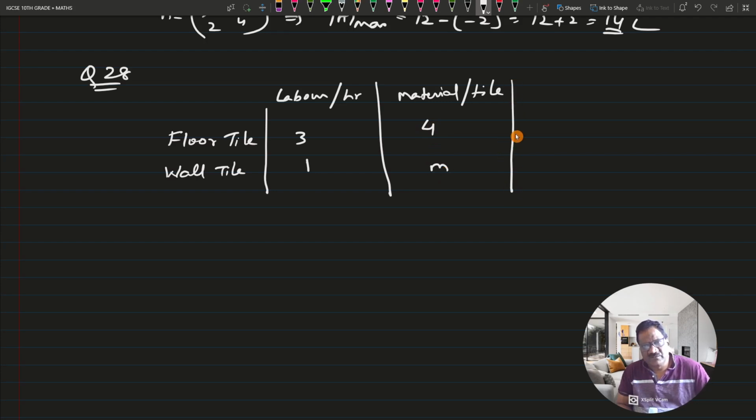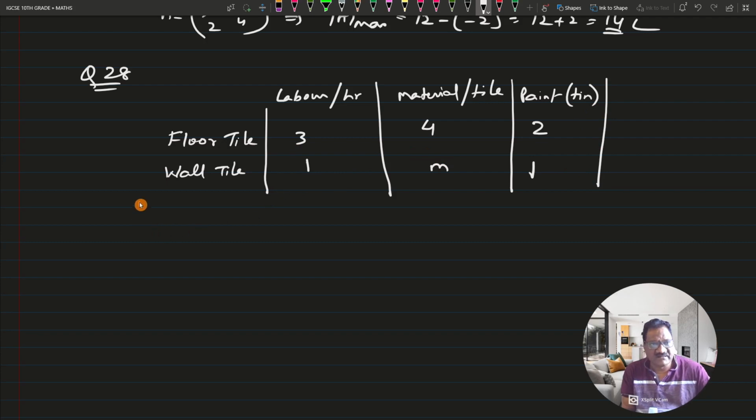And the paint, in liters, or rather tins, it is given as tins. Tins required is 2 tins for the floor tile and 1 tin for the wall tile. So this is the table given to you in this question.